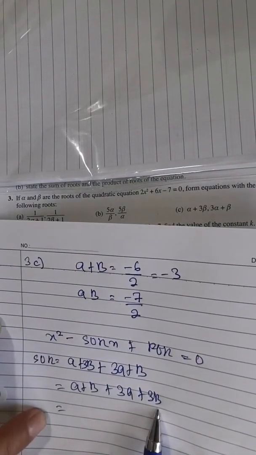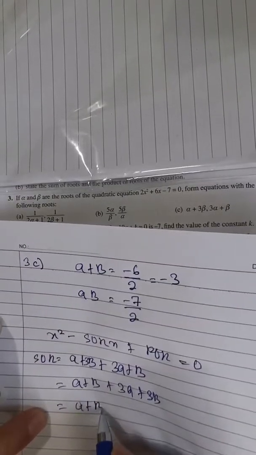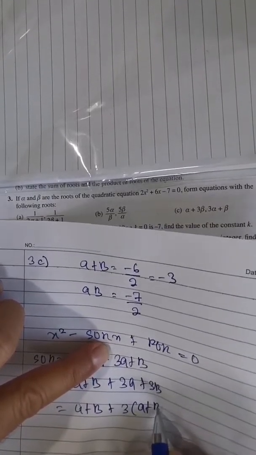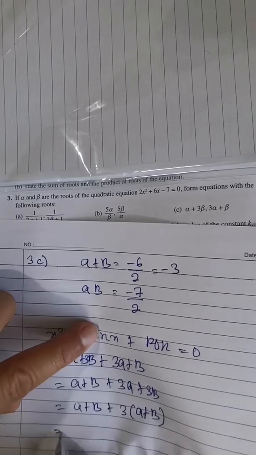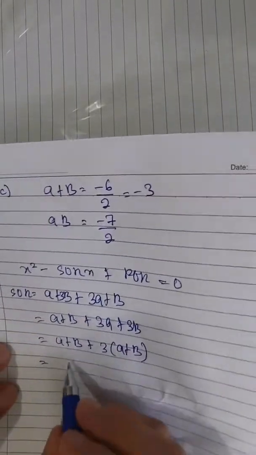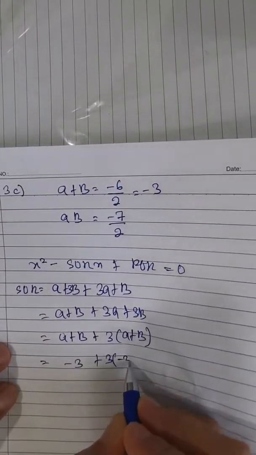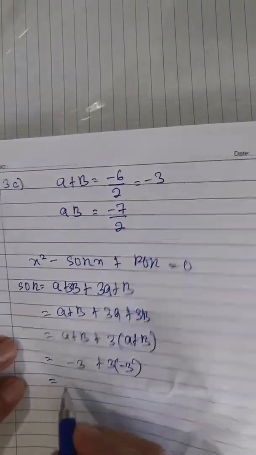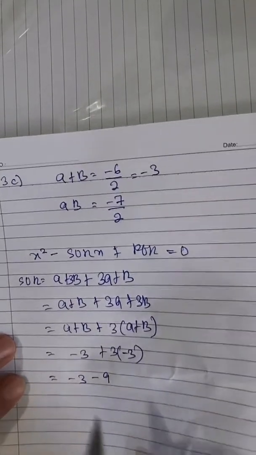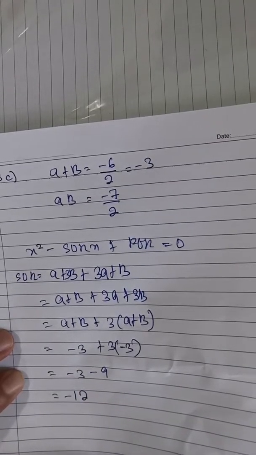For 3 alpha plus 3 beta, we factorize 3, so we write alpha plus beta plus 3 times alpha plus beta. We replace the value of alpha plus beta with negative 3: negative 3 plus 3 times negative 3, which is negative 9. So the answer is negative 12. That is the value of the sum of roots.